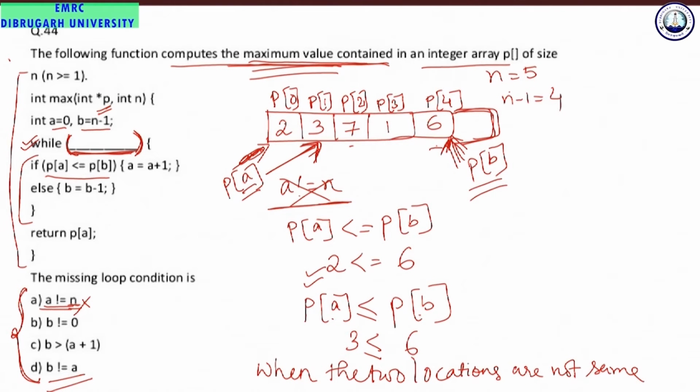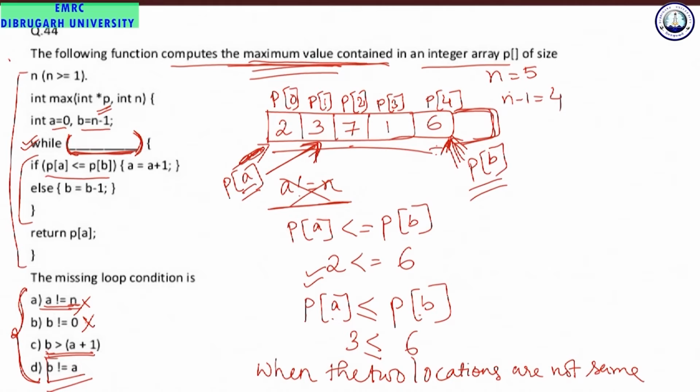Then b not equal to 0; at that time also, how will you compare it? It is not feasible. Then b greater than a plus 1, that one also is not feasible.